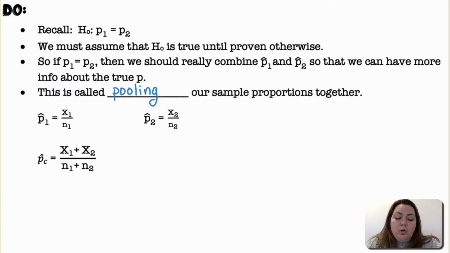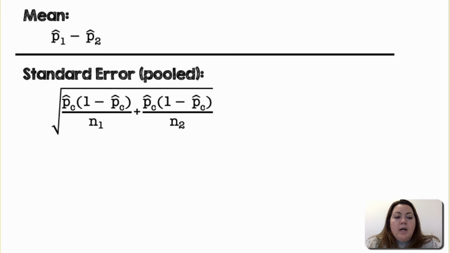You're going to pool your sample proportions, and you're going to find P hat combined. So P hat C, where you take each X value, add them together, and divide it by each N value added together. Our mean, we would do P hat 1 minus P hat 2. Our standard error, we would use the pooled standard error, so I'm using P hat combined, but I'm still using those 2 separate sample sizes.